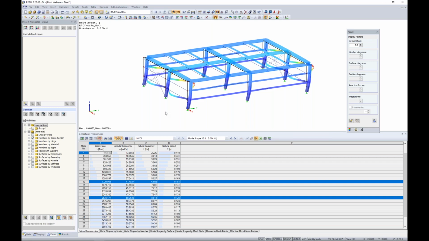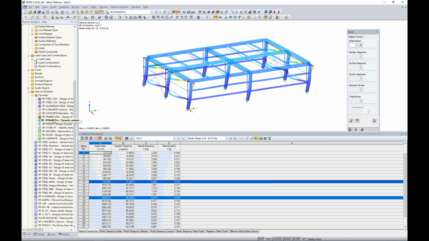Now, we might be thinking, well, what does this really matter for a time history analysis? But this actually does come into play a little bit later on when we're talking about damping considerations. So we'll just leave this highlighted in the background for now. It's great to understand which are the dominant modes for the structure for the natural vibration analysis. So let us go back into RF-DYNAM Pro then.